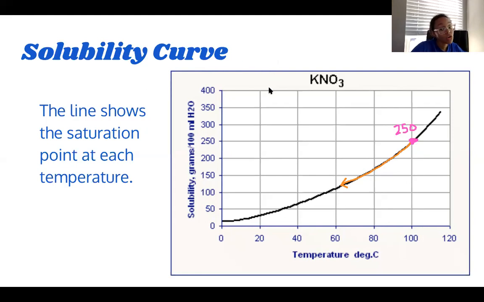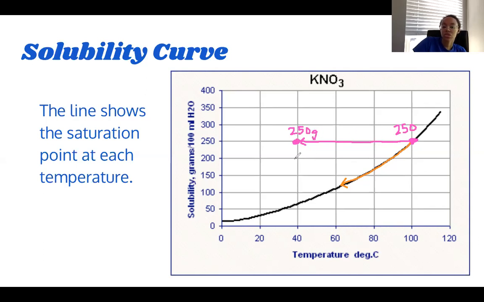Sometimes though, if things are allowed to cool in a very still and steady way, what will happen is they will cool down, and no matter what their new temperature is, they will keep all of their grams dissolved. So even if it's at a new temperature, it will say, you know what, I'm keeping all of these grams that I had dissolved.